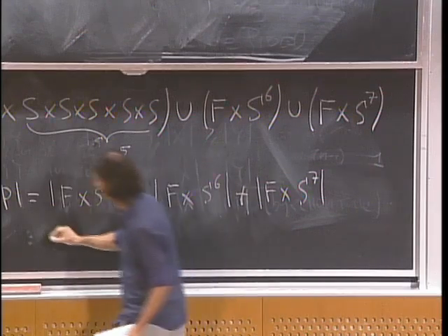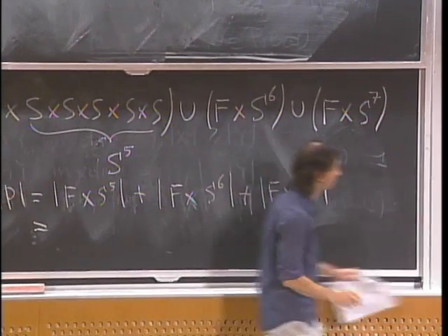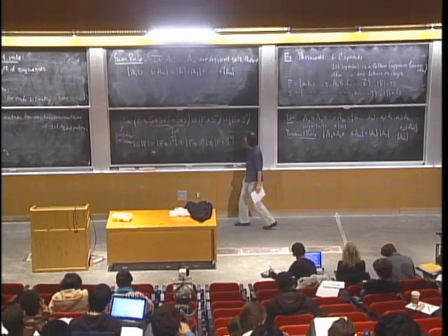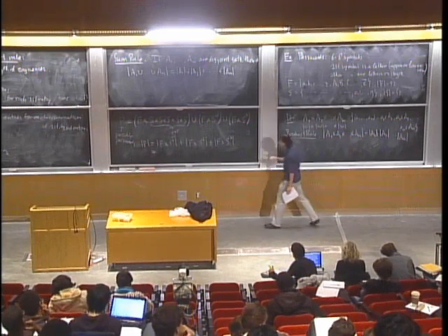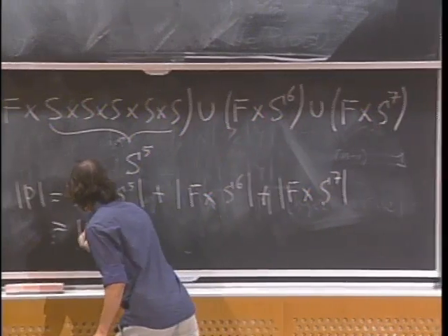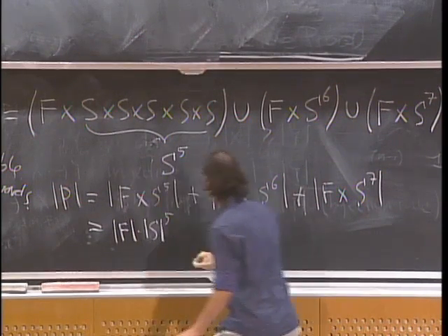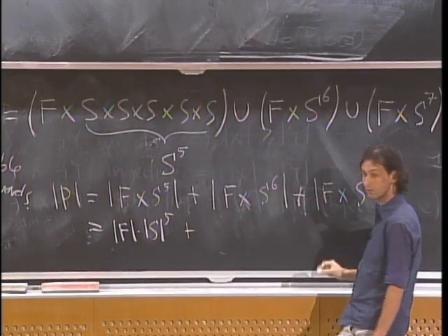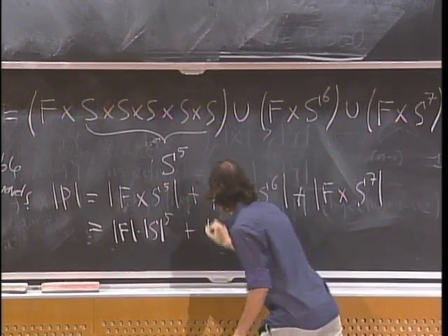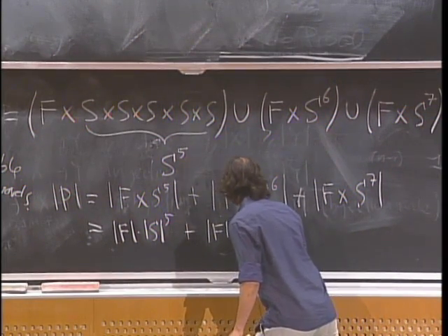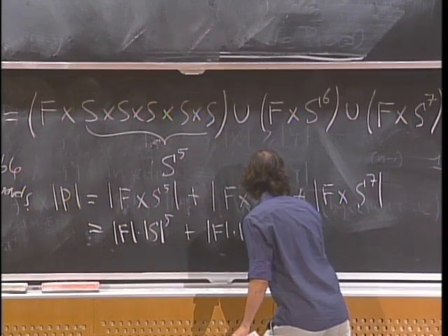And now we can apply the product rule very simply. That's equal to the cardinality of F times the cardinality of S to the power 5. And then we have the same rule applied to this one. It's the cardinality of F times the cardinality of S to the power 6.